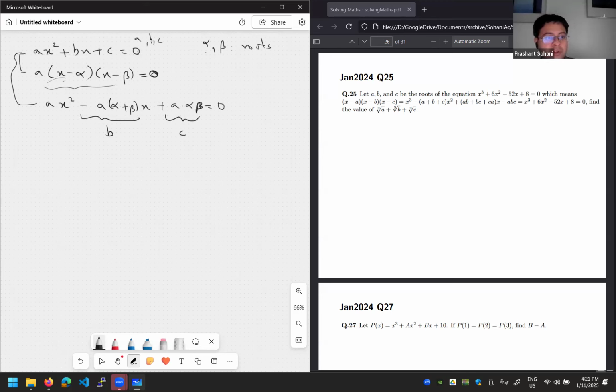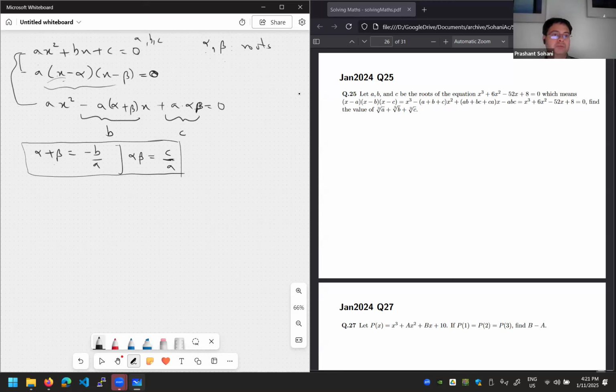If you rearrange this information, the conclusion is that the sum of the roots alpha plus beta is minus b by a, and the product of the roots is c by a. So even if you don't know the values of alpha and beta, you can find the sum and the product directly from the coefficients.